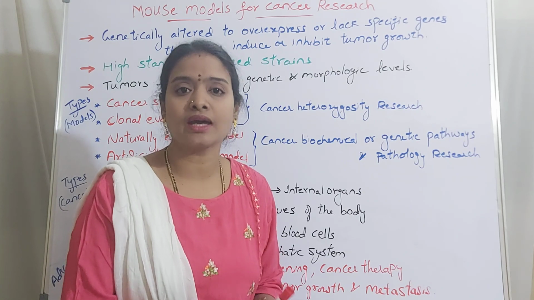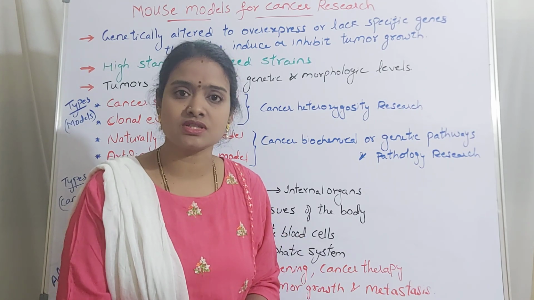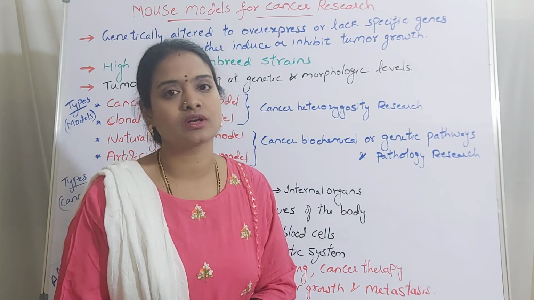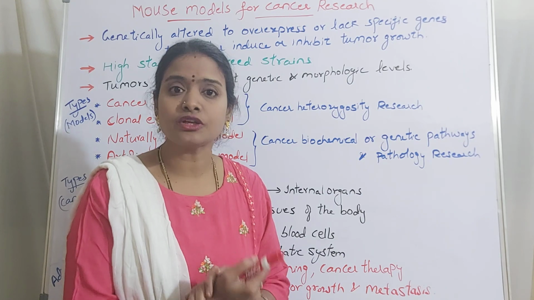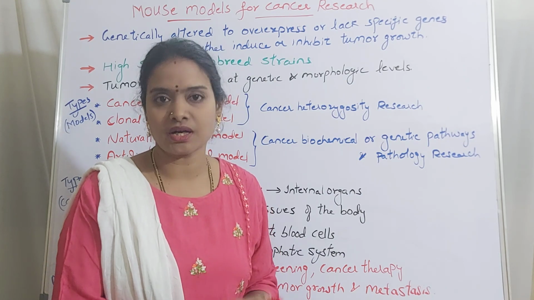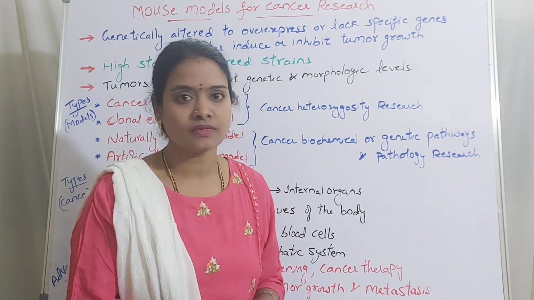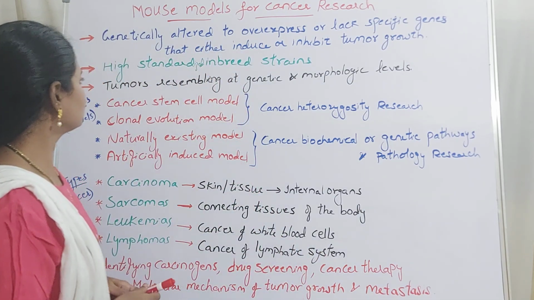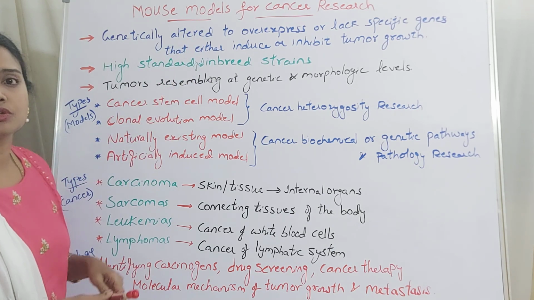A tumor can be a group of cells which may be cancerous or non-cancerous. Right? If it is cancerous, it will spread to other parts of the body, which is referred to as a malignant tumor.